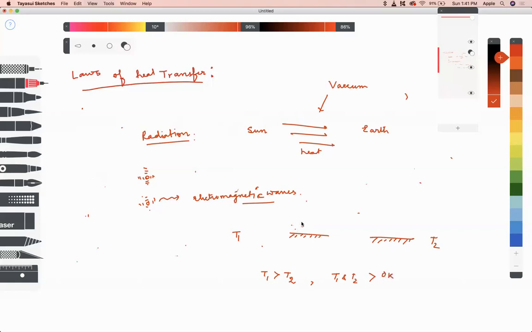Right? So in that case, what will happen is that both will be emitting radiation. But in this case, let's call this surface 1, and this surface 2. In case of surface 1, the amount of radiation that is going out will be more. Why? Because radiation directly depends upon the absolute temperature.